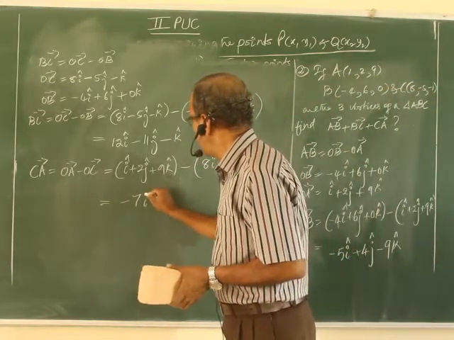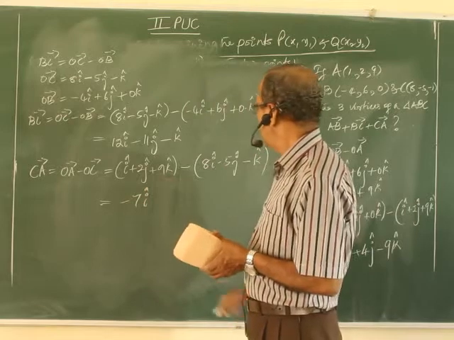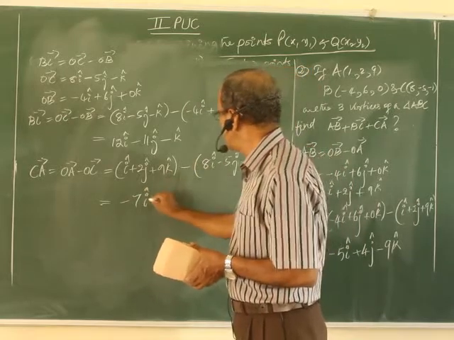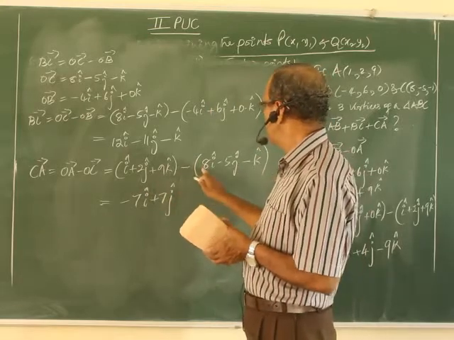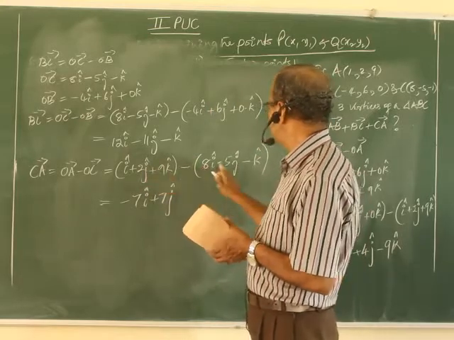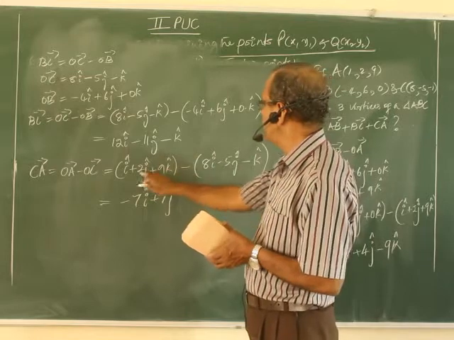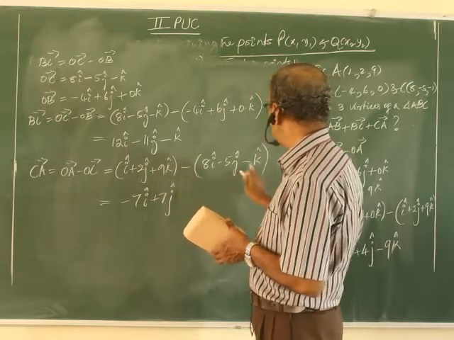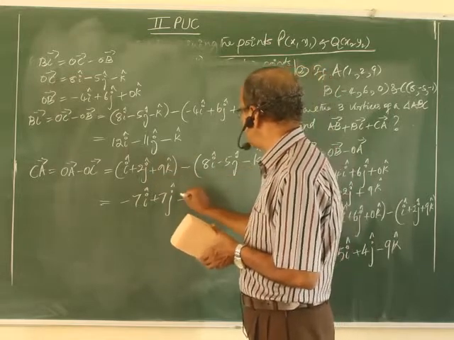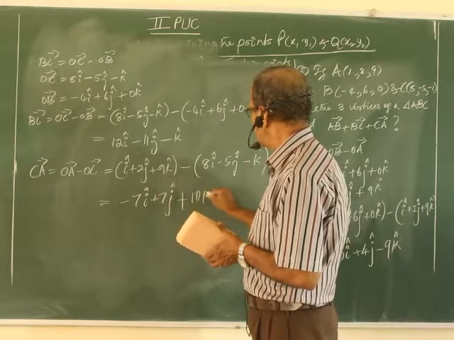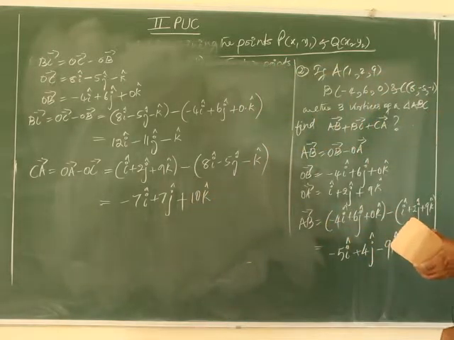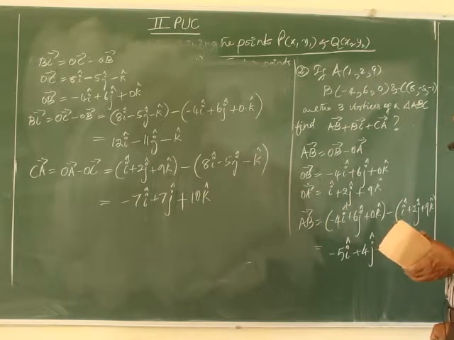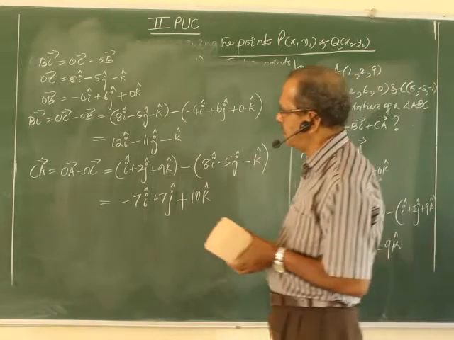That gives minus 7i, plus 7j, and 9 minus of minus 1 is plus 10k. Over.